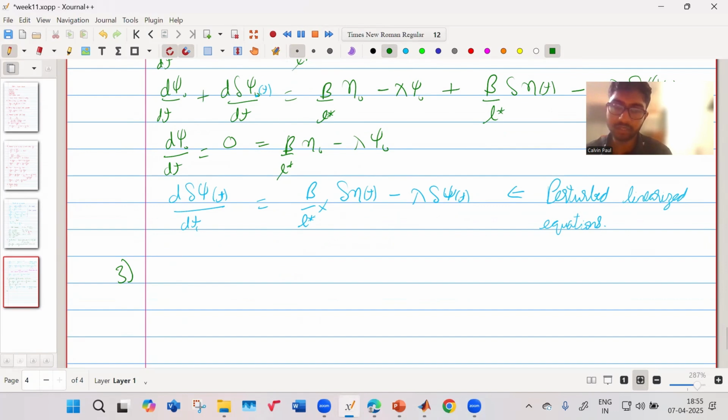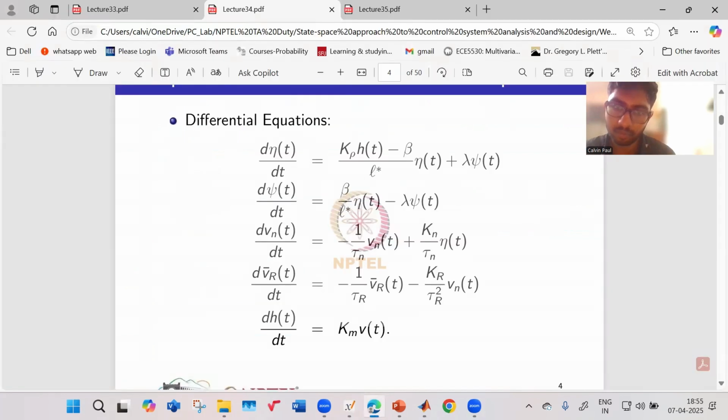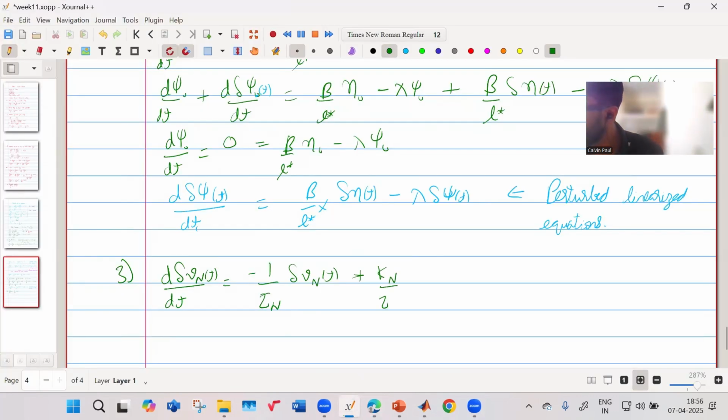So the third set of equations we write as d of delta Vn of t upon dt is equal to minus 1 upon tau n delta Vn of t plus kn upon tau n delta eta of t. This is the third equation.